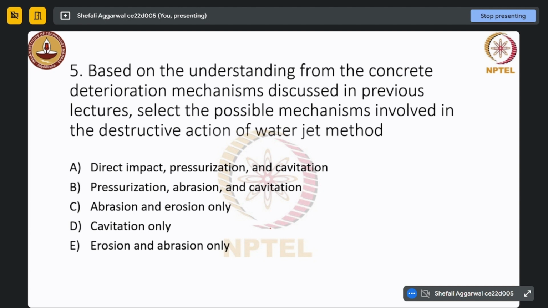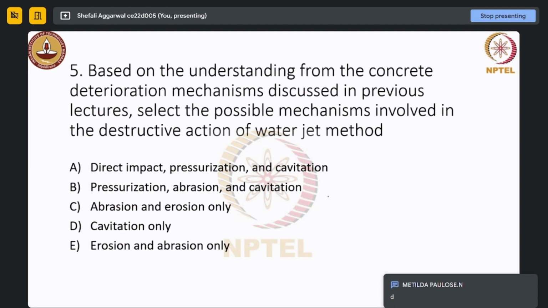What is this water jet method? In the water jet method, with pressure we are pushing water onto the concrete surface to remove the surface of the concrete. The first repair mechanism is D, cavitation only.